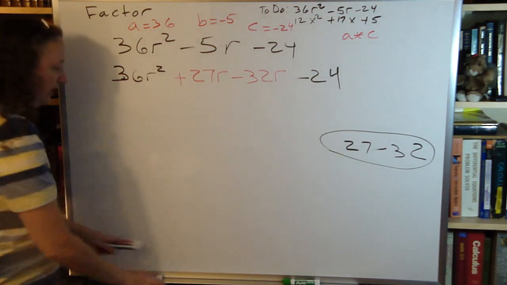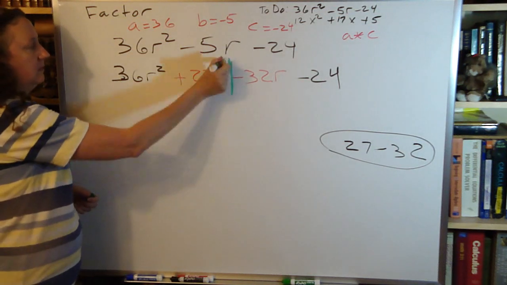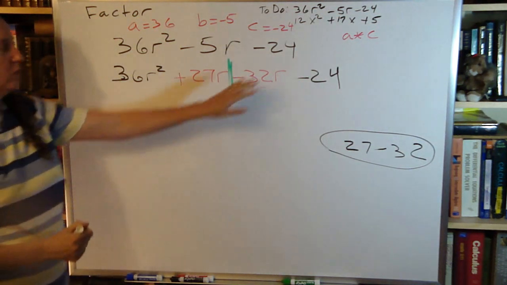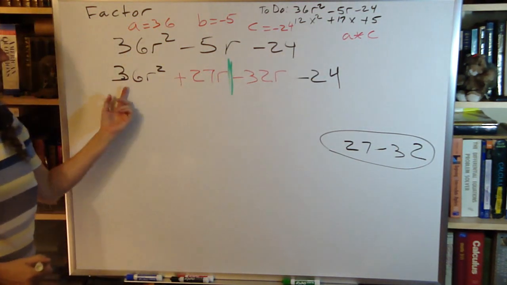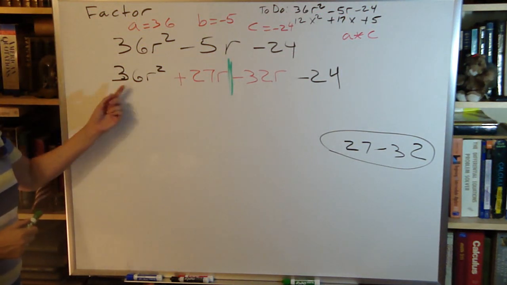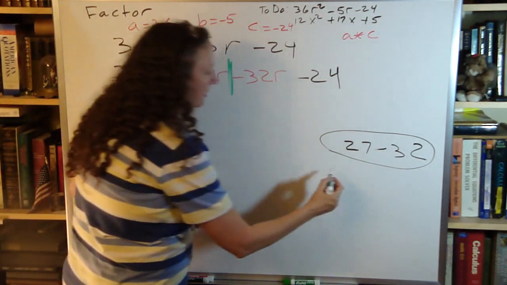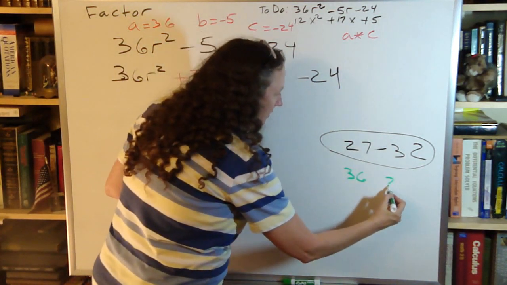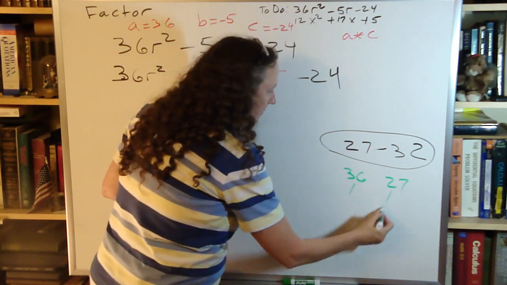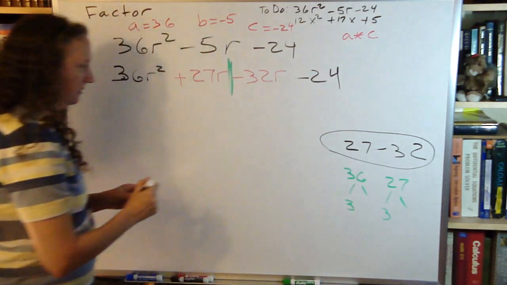I split these down the middle. Ignore the second half. What can I factor out of these? They can both be divided by 3. What am I left with?